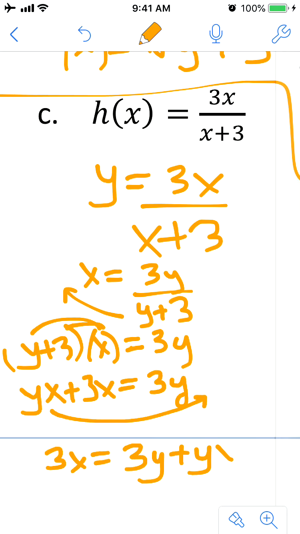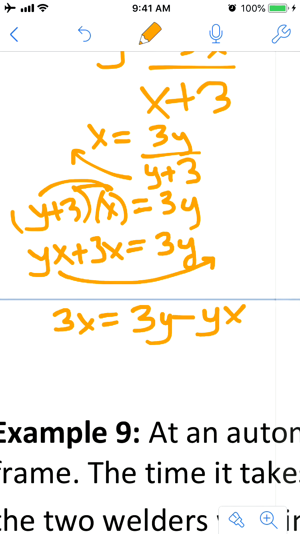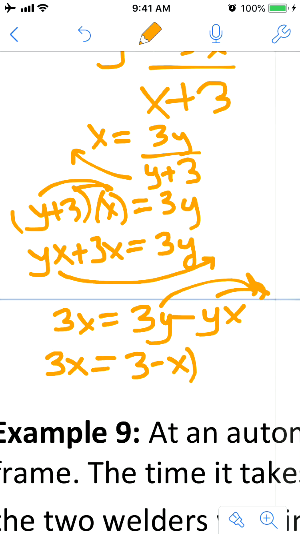Okay, whoops, that should be a minus sign, right? Because we've minused it to the other side. I'm trying to get 2 y's into 1 y, and the only way I can do that is to factor it out. So I first have to split it up, and then I got to factor it out. Now I have 1y. So you see how I did that there?